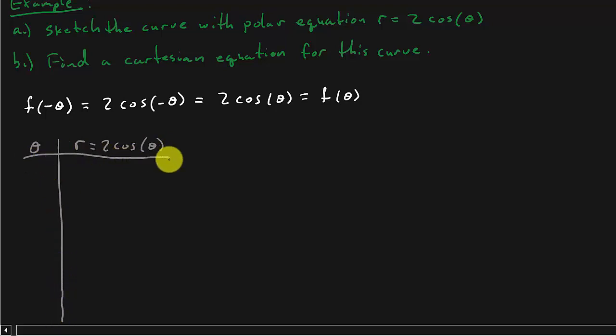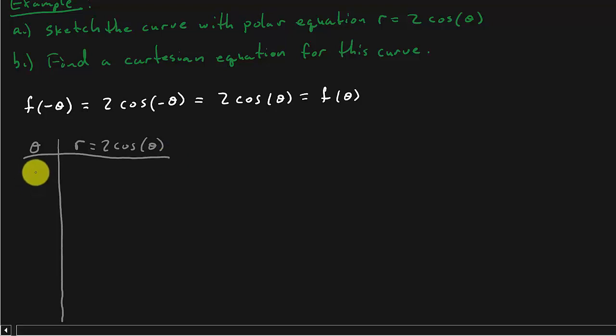And what I'm going to do is just pick some values for theta. What values am I going to pick? Am I going to pick something like 55 degrees or 23 degrees? No, I'm going to pick some values that I know.